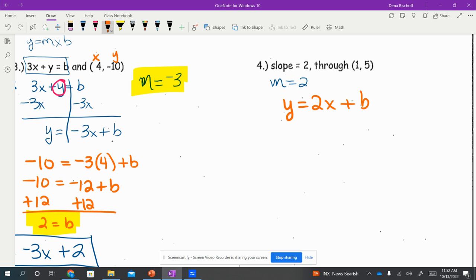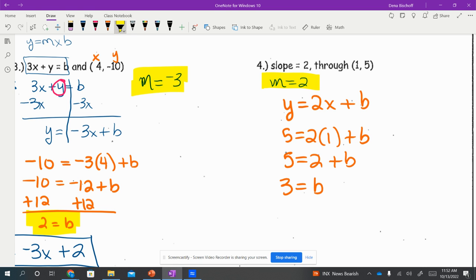Well, I'm going to write y equals 2x plus b and then plug them in. Good job. So 2 times 1 is 2. Subtract 2 from both sides. My answer would be what, Gavin or Kane? 3 equals b.